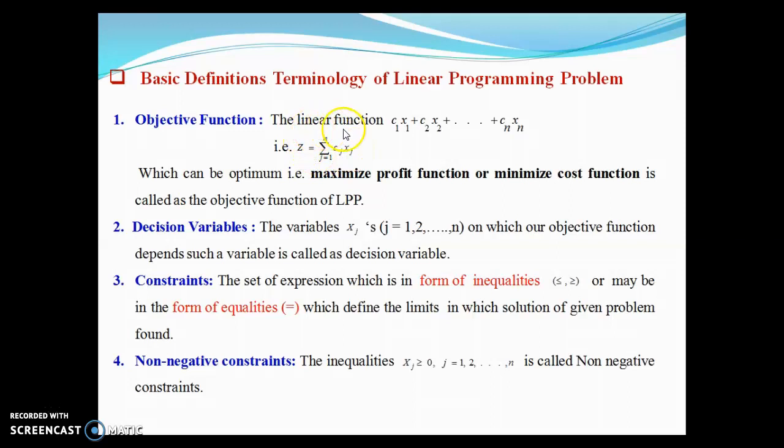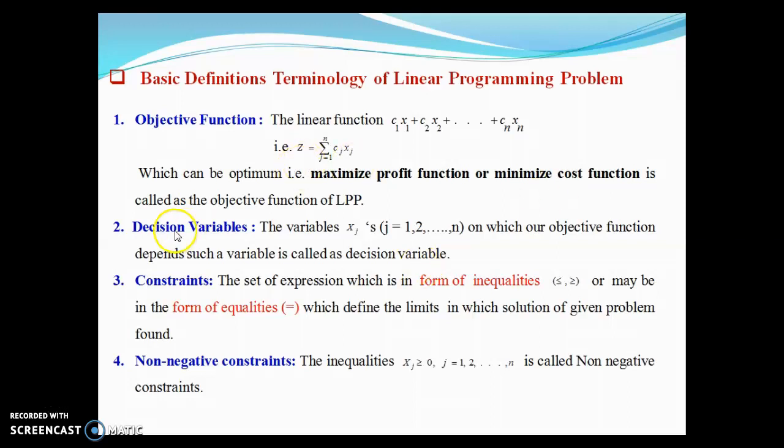So this is called the objective function, which can be optimized, that is, maximize the profit function or minimize the cost function. It is called the objective function of the LPP.